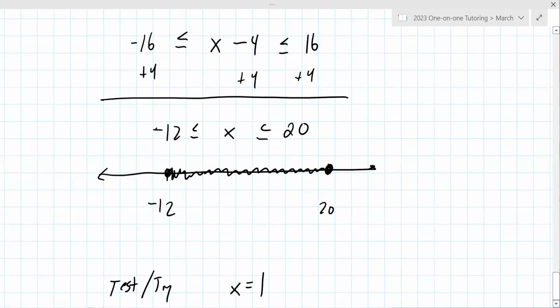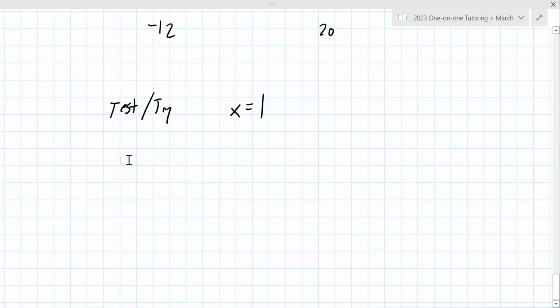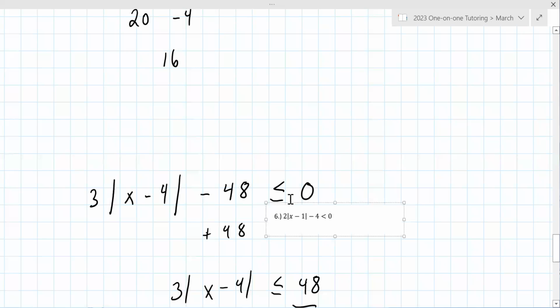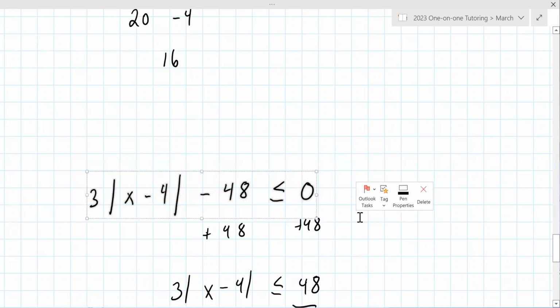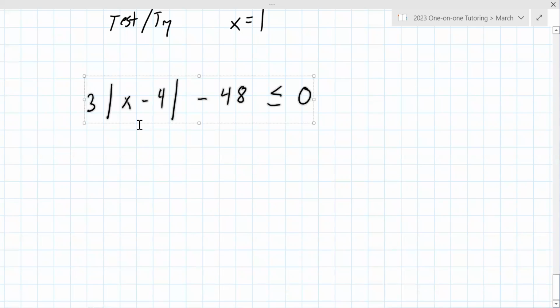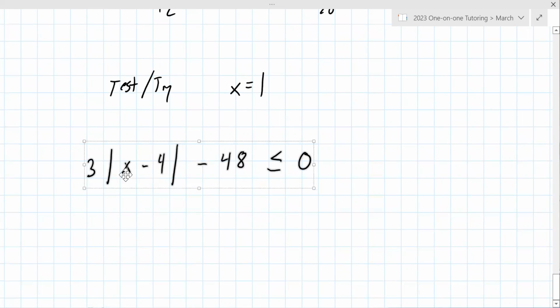I'm telling you it's true, but I want you to try that. Copy and paste. I want you to put 1 into this inequality and tell me the result of the left side, please.